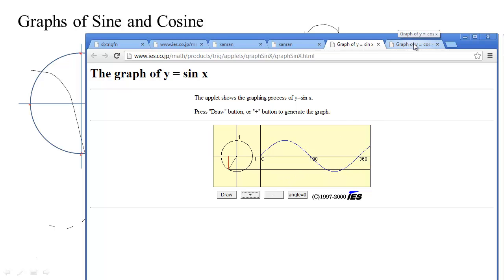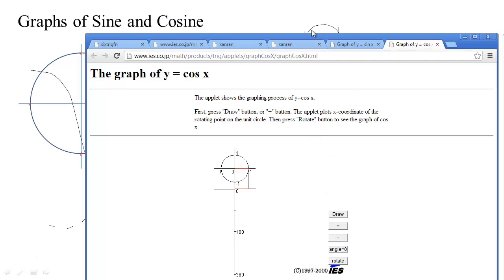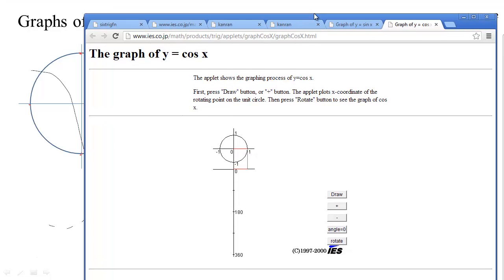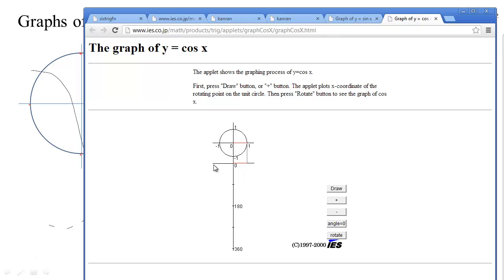Similar thing for cosine. In this case, we have it drawn so that we're tracking the horizontal distance, and initially you're all the way forward, right? As the angle increases, you go back, and then you come forward again, and you start over. Now, usually when we draw a graph, we have the input axis, in this case the angle, horizontal, and the output vertical.